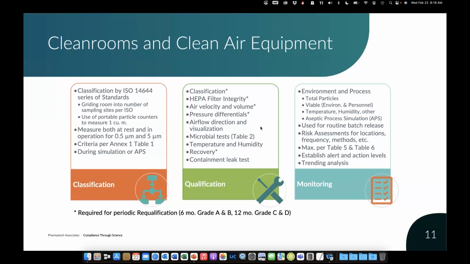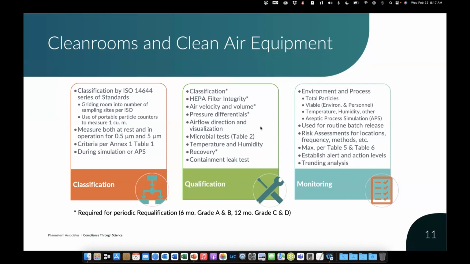Now, this is an important aspect that's been made clear within the Annex 1, is now the requirement for a periodic requalification, which is every 6 months for grade A and B, and every 12 months for grades C and D. The Annex 1 indicates that those aspects that are required for requalification are classification, the HEPA integrity test, the air velocity and volume test or recovery test, depending on the grade, and the pressure differentials.